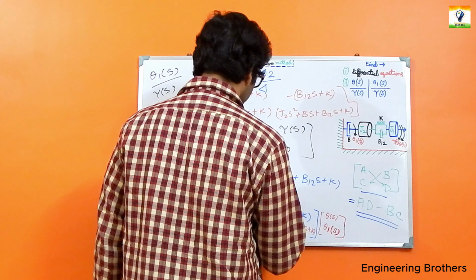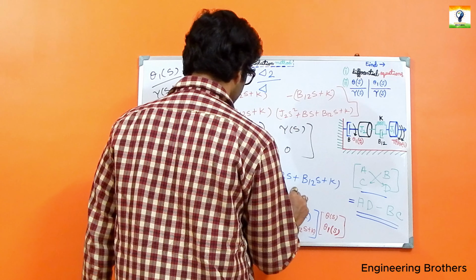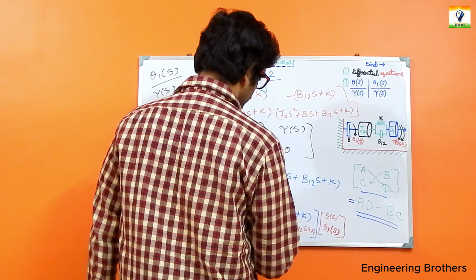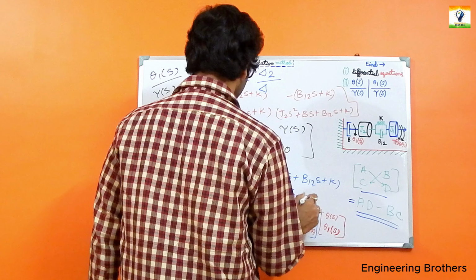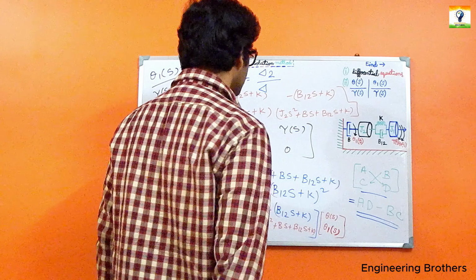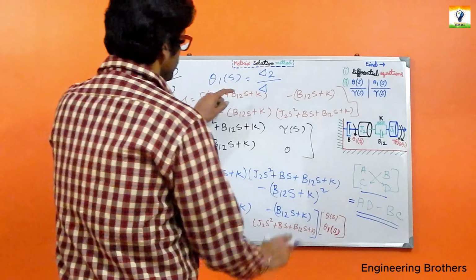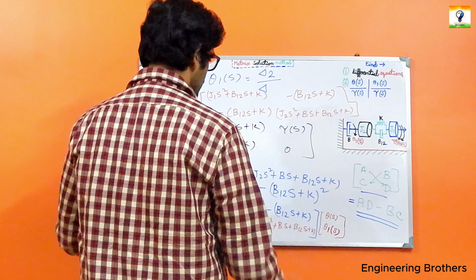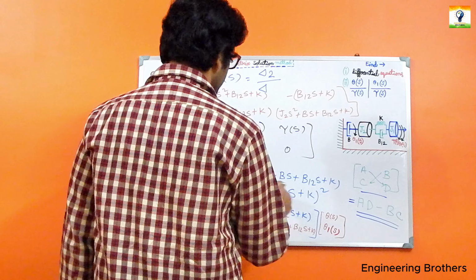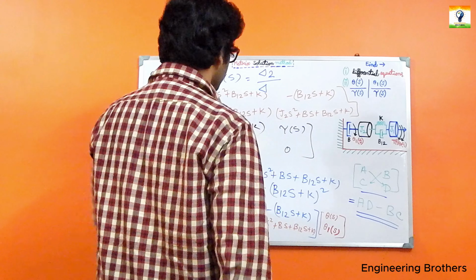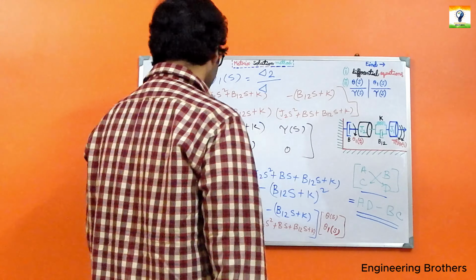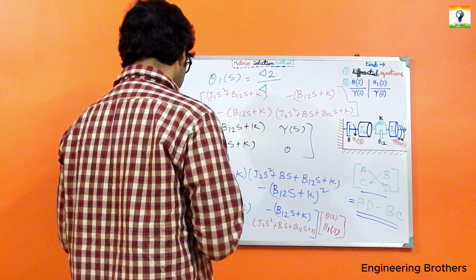So we have B12 s multiplied with s, B12 s plus K, squared, because this multiplied by this leads us to the expression up to this one, and minus minus means plus, and minus of this multiplied this means it is squared. So this one is B12 s plus K squared. So this is the expression for our delta.